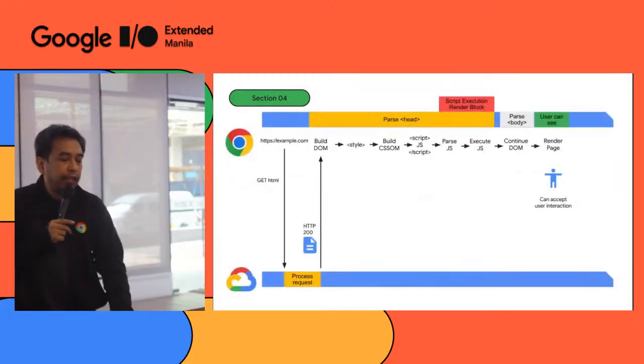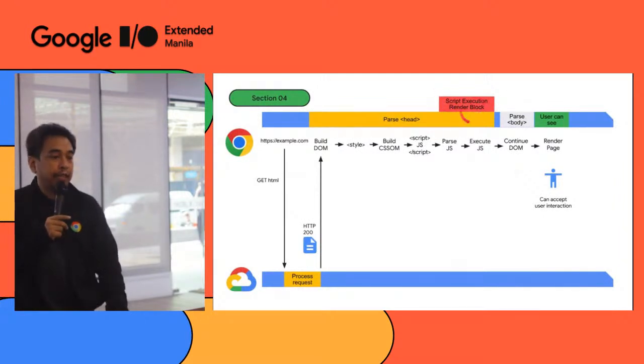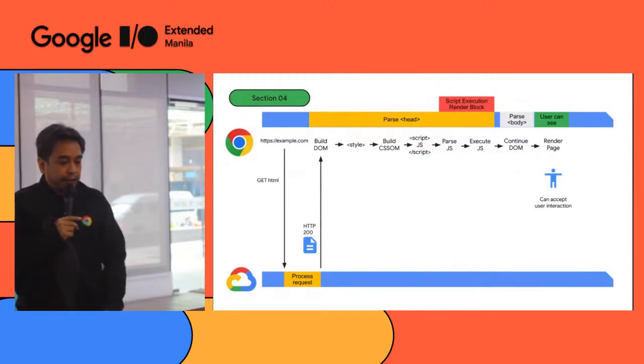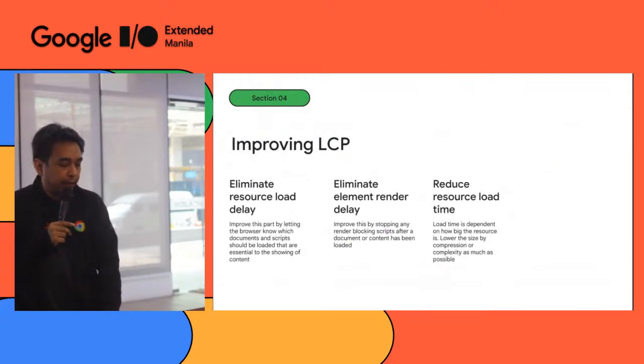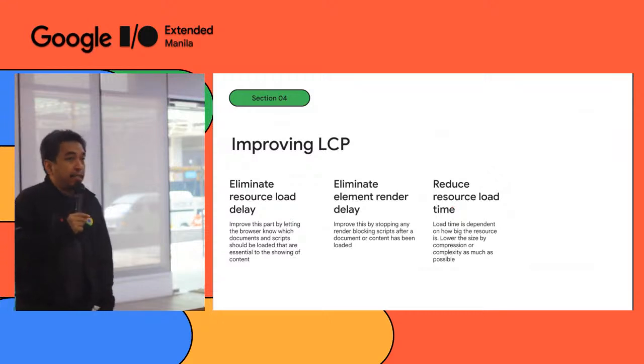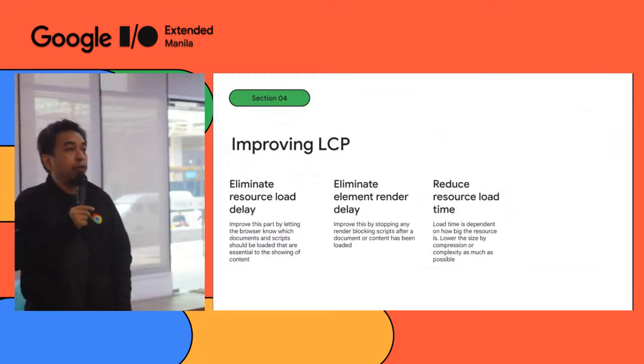So, yan. Now, eliminate element render delay. So, render delay ng element is based usually on execution within the head. So, if you have scripts that is executing at the head, that delays the render of the element. Reduce resource load time. So, kung yung load time is dependent on the size, that means you need to compress yung file size.